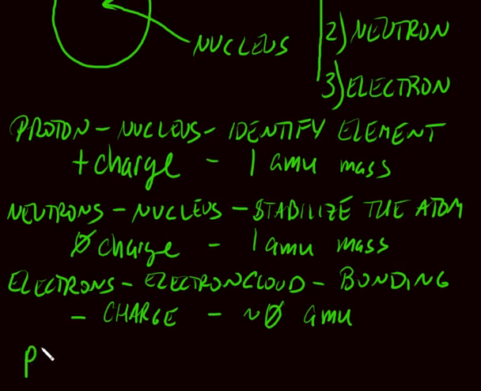Proton will be lowercase p with a superscript positive, neutrons, lowercase n with a superscript 0, and electrons, lowercase e with a superscript of negative. And I'll be primarily using these symbols to represent protons, neutrons, and electrons, mainly because my writing is horrible, and most likely you will be able to decipher these symbols a lot easier than my writing.